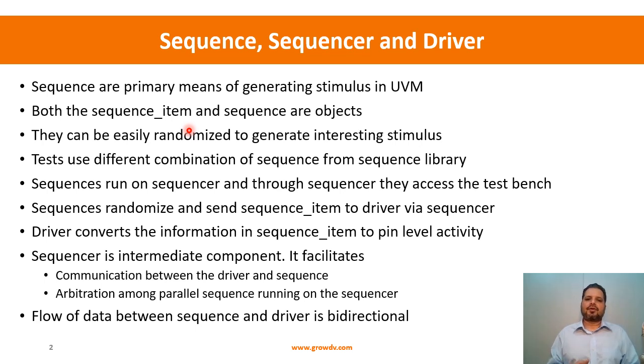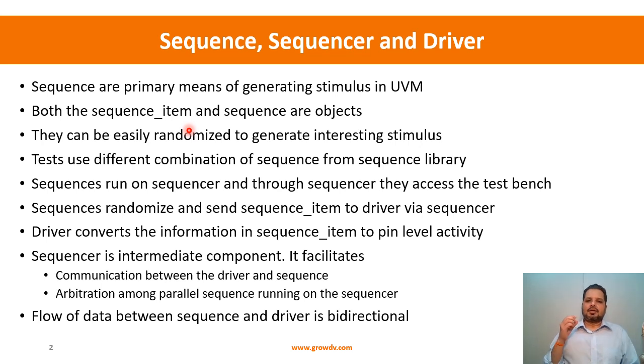Tests use different combinations of sequences from the sequence library to generate the scenarios, and the sequences run on a sequencer, and that's how they access the test bench. Sequences randomize the sequence item and send it to the driver via the sequencer, and then the driver converts the information in the sequence item to the pin level activity.